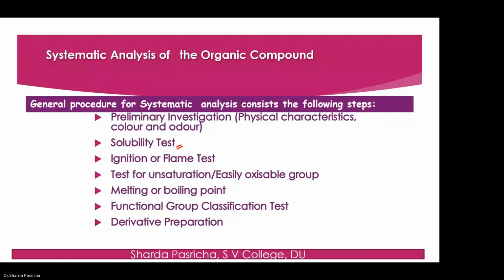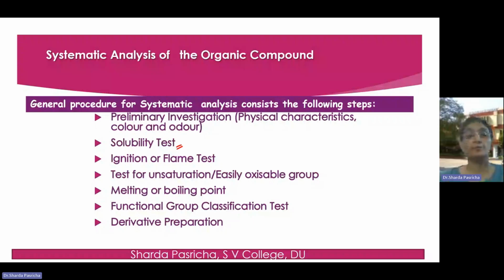The next is the ignition test or the flame test, where we try to categorize compounds into aliphatic or aromatic compounds. Okay. Next is the test for unsaturation or presence of easily oxidizable group. So these preliminary tests actually give you some important information about the compound.